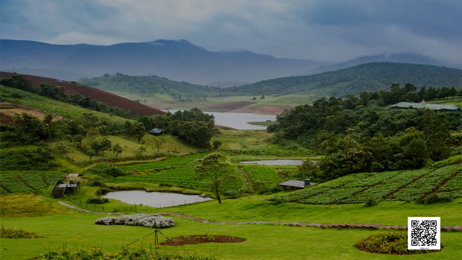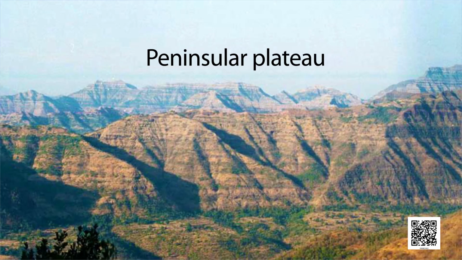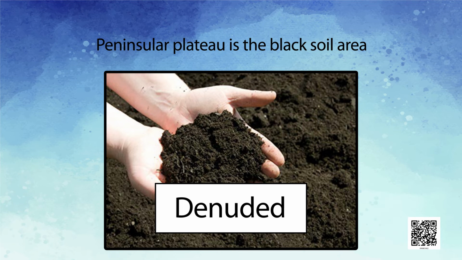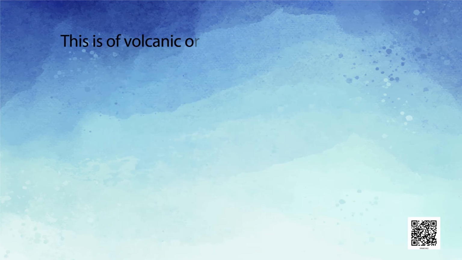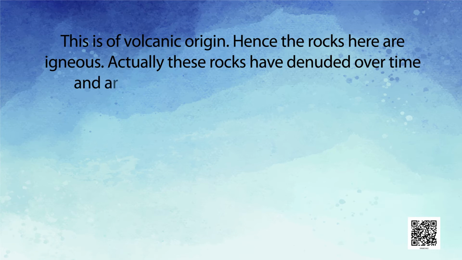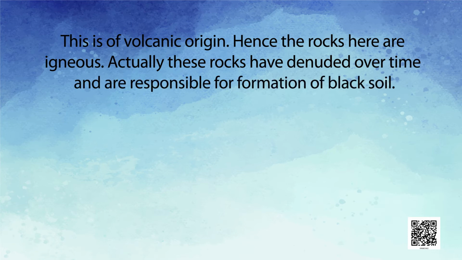One of the distinct features of the peninsular plateau is the black soil area known as Deccan Trap. This is of volcanic origin, hence the rocks here are igneous. Actually, these rocks have denuded over time and are responsible for the formation of black soil.